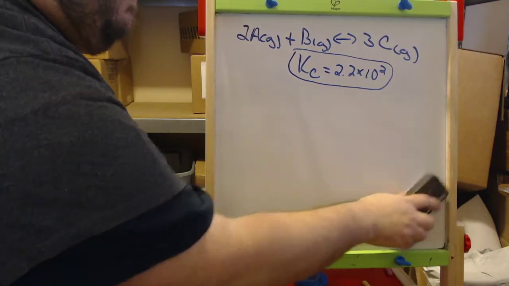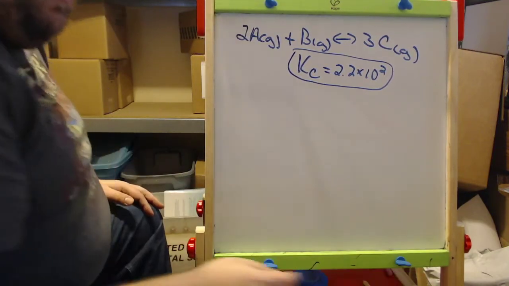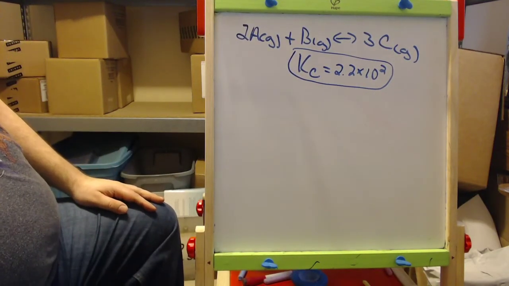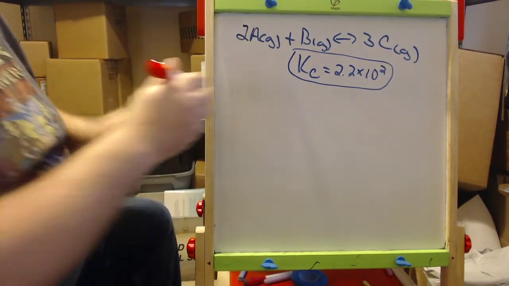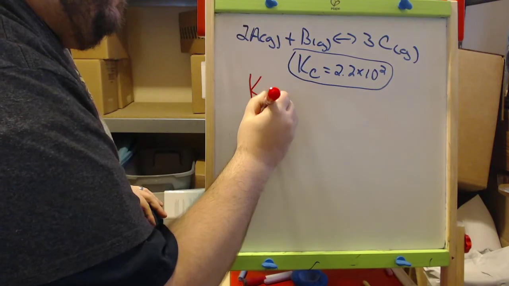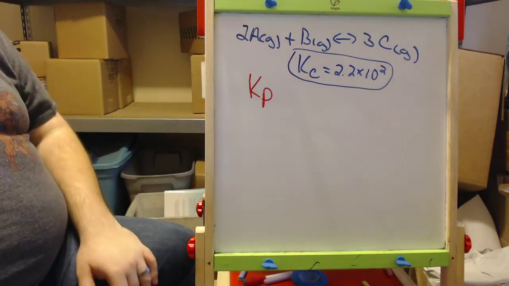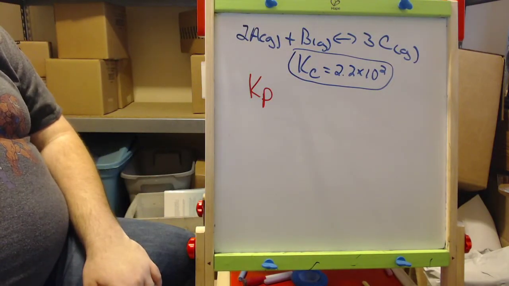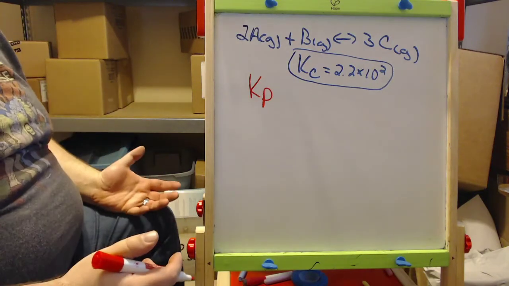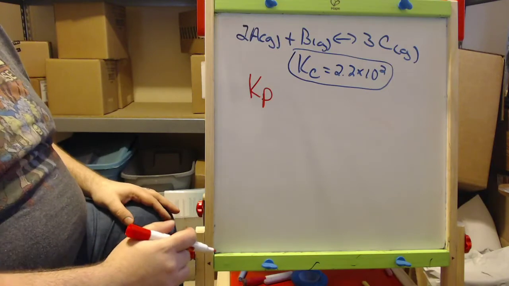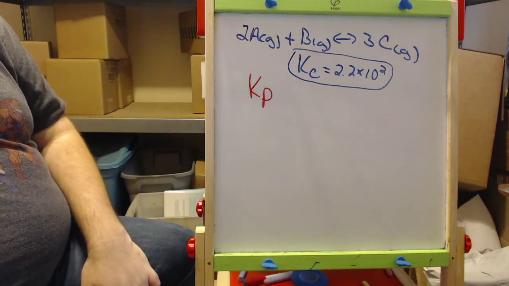We don't need it right now. But there's another value known as Kp. Now, Kp is the equilibrium constant due to pressure, and that's why gases play a role in this.